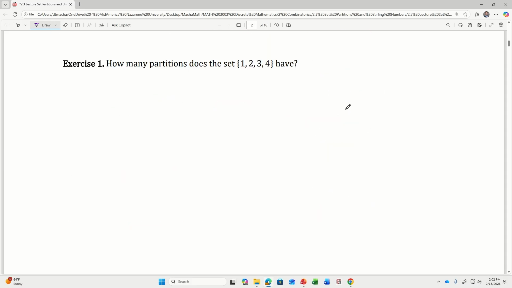How many partitions does the set 1, 2, 3, 4 have? Might sound like the same thing, but earlier we were only counting partitions with 2 blocks, right? And so I know that this has 7 partitions of 2 blocks.